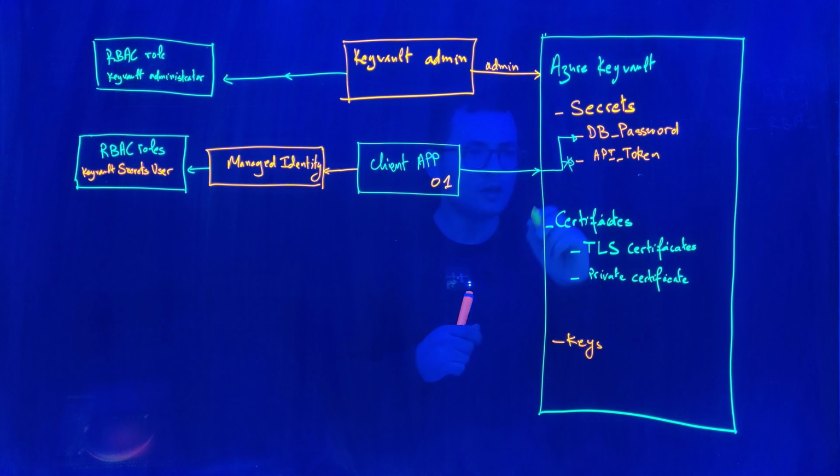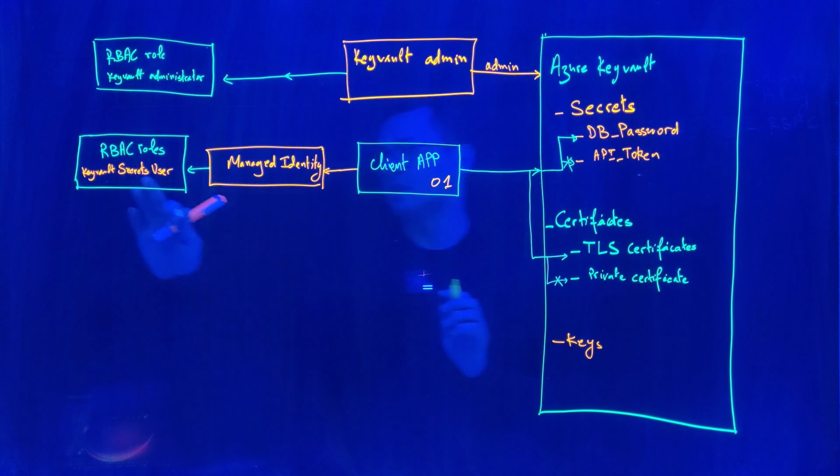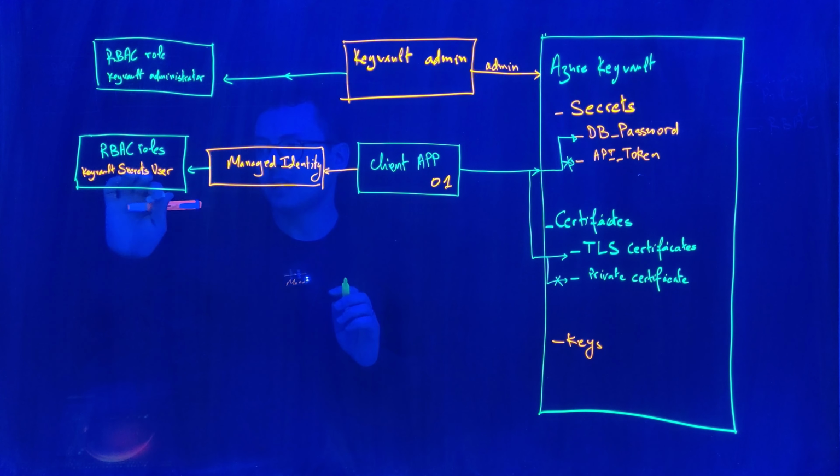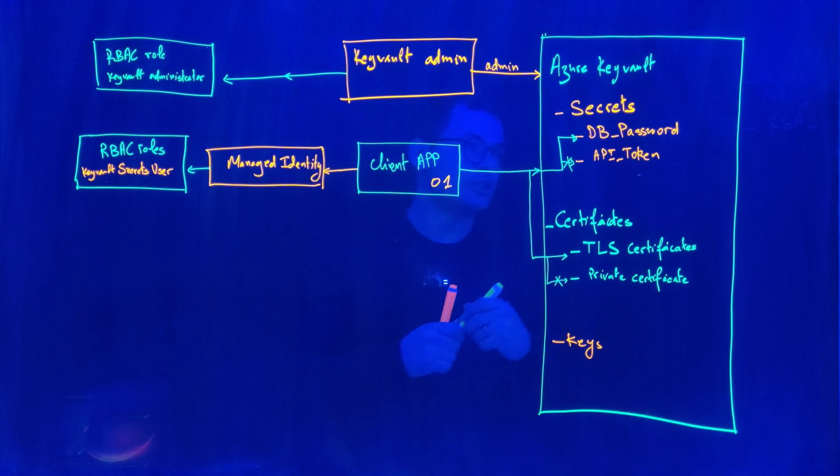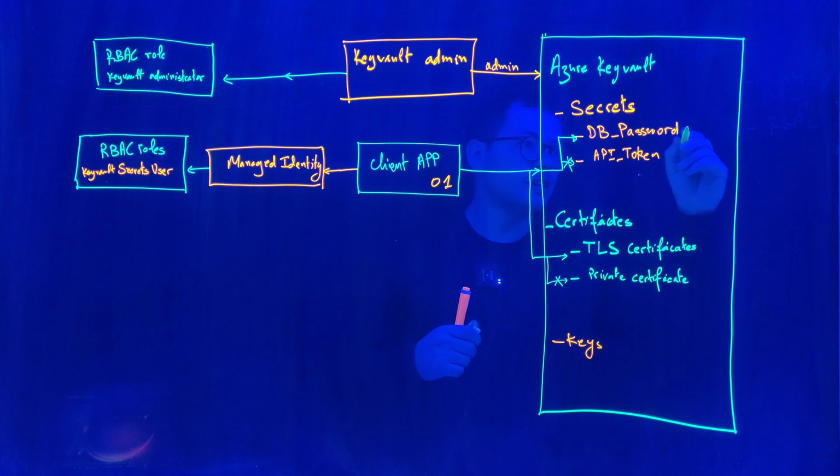Okay. And also with that, I can give it access to certificate number 1, but not to certificate number 2. It will not be able to access that, of course, if I define those RBAC roles on the objects themselves. So for each object here, I will be able to define RBAC at this level.